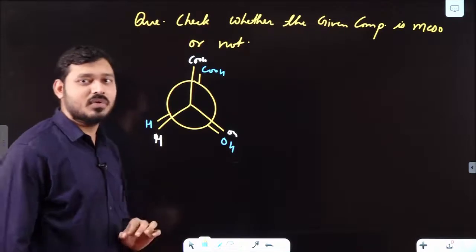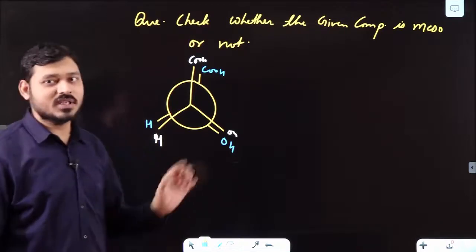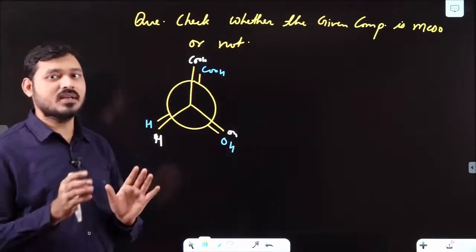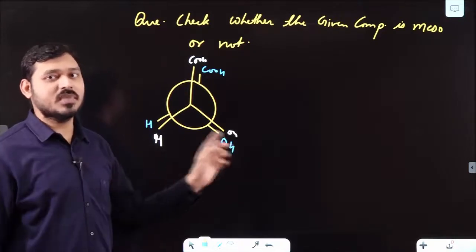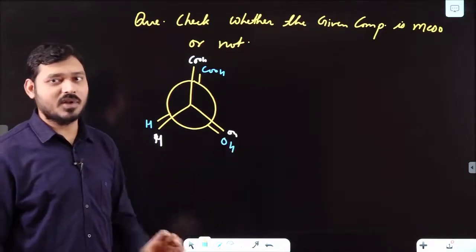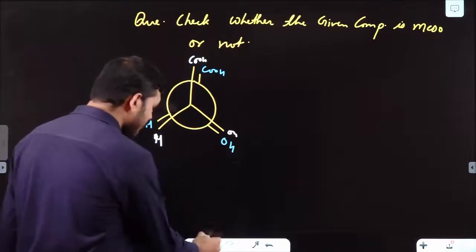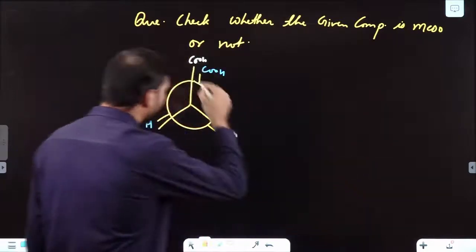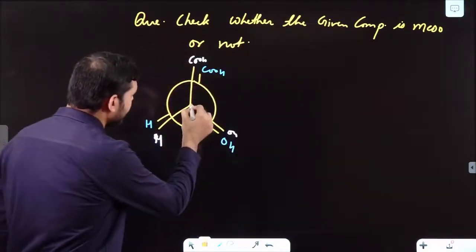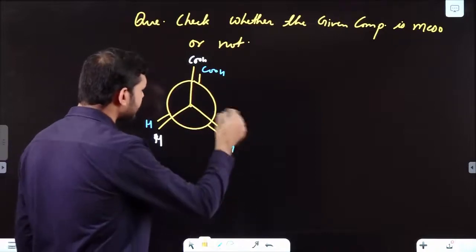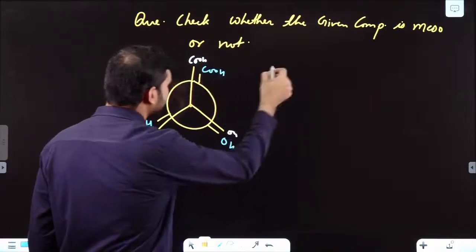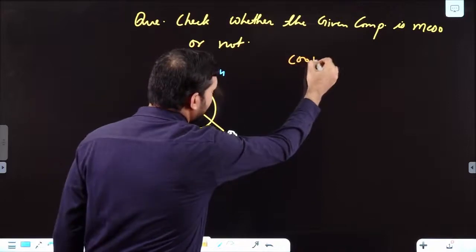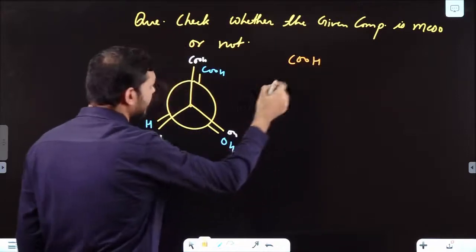Now what I need to do? First of all, I need to draw its Fischer form, so that I can check whether it is meso or it is optically active form, right? Let me draw this compound. This is the front carbon, right? This front carbon has COOH. I'm just drawing the structure part only, okay?